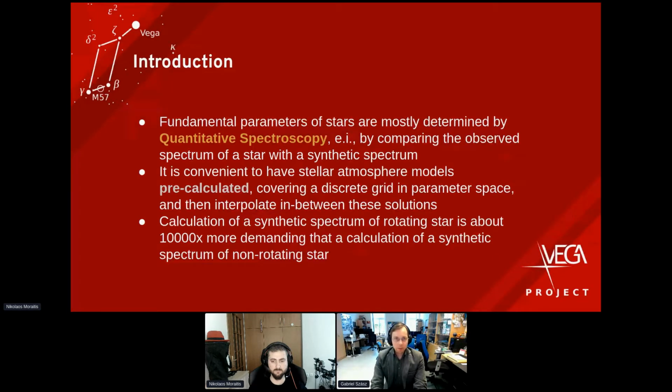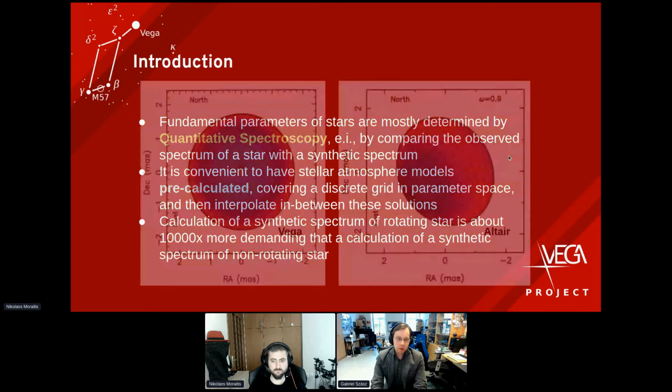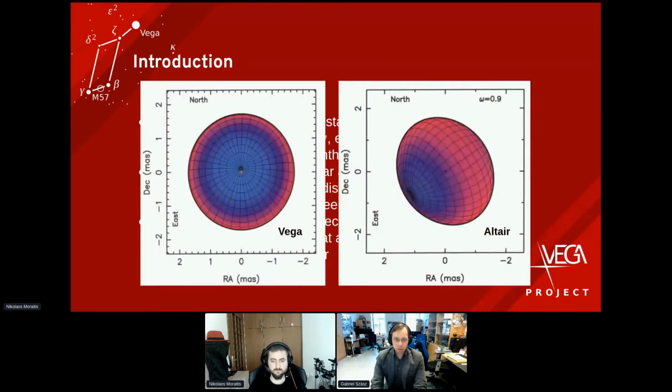And to demonstrate why it's so complicated, I would like to show you two images, which show how the surface of two quite known stars, Vega and Altair, really looks from close by.